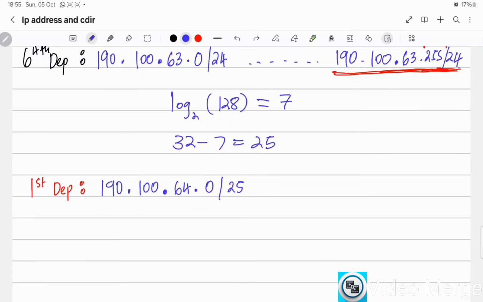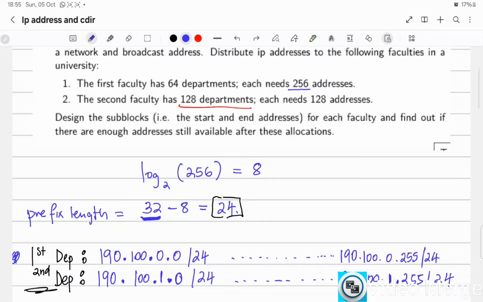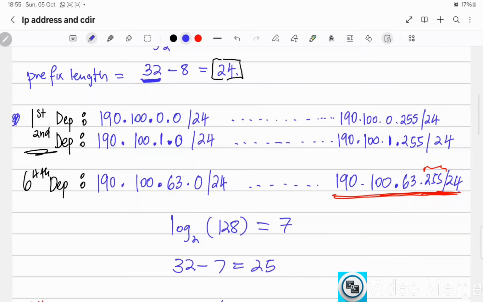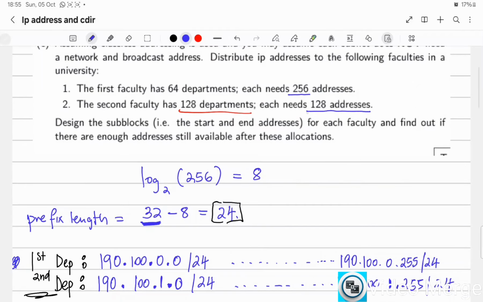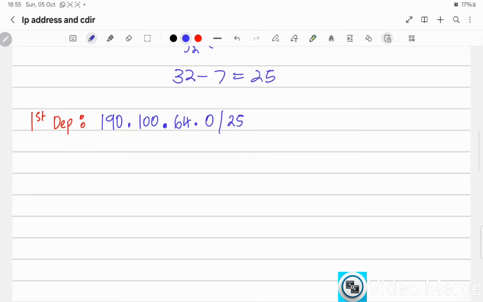And then the value, they say each department actually needs to have 128 addresses. Now we are not going to increment by 255 like we used to do. Now we are incrementing by 128 because each department needs 128.